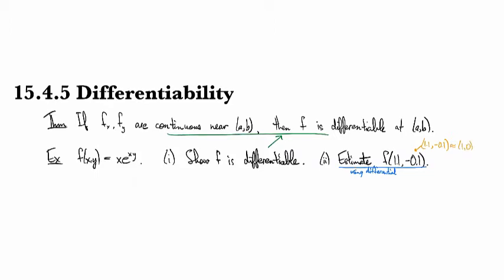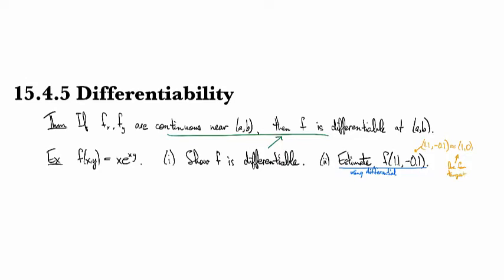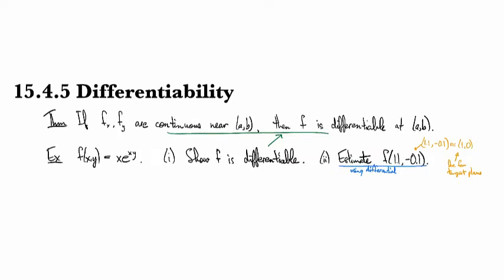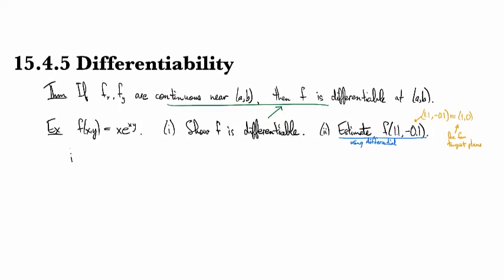So we're going to be using the linear approximation based at 1, 0. So this is going to be our location for the tangent plane, and that's where we'll be using the differential. Okay, so let's go do part 1.